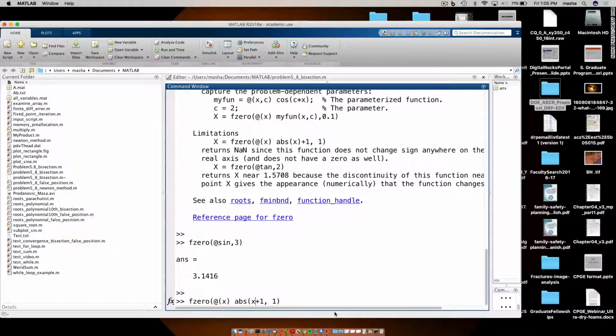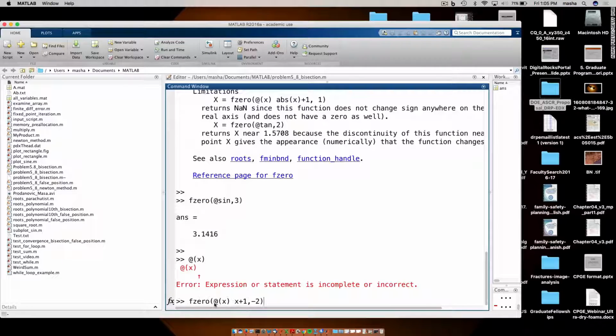I'm just gonna do x plus 1. What is the root of x plus 1? x plus 1 equals 0, x is minus 1. So I'm going to start from minus 2. So this is telling it to interpret this as a function of x. Basically, whatever comes here, interpret as a function of x.